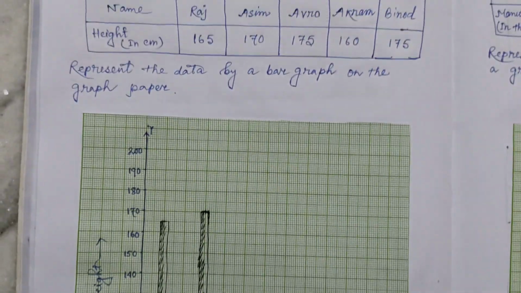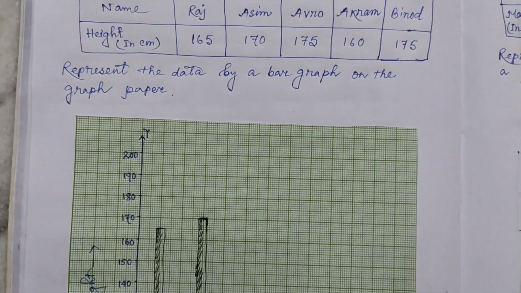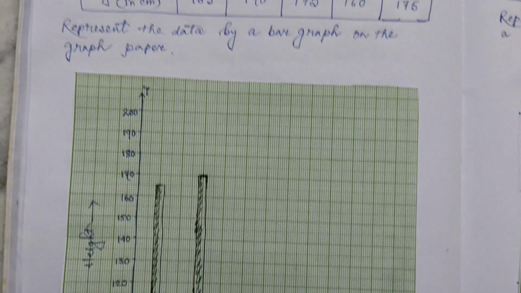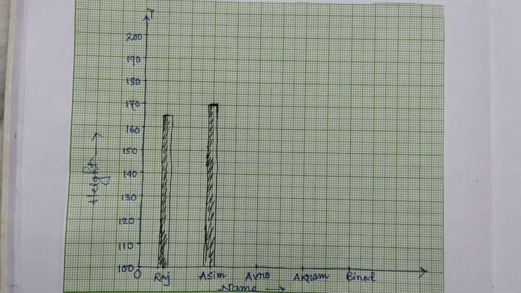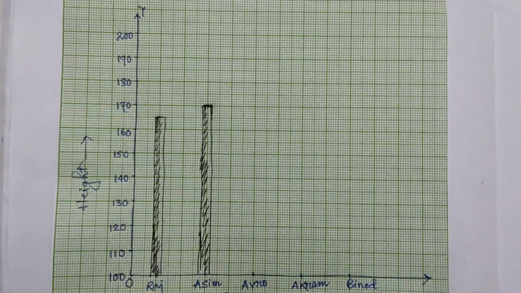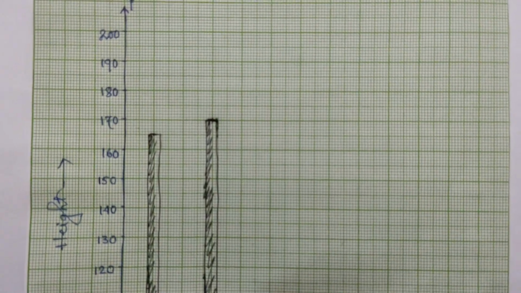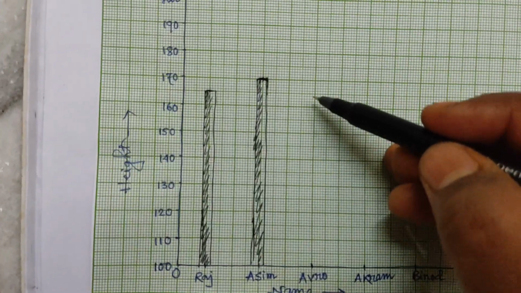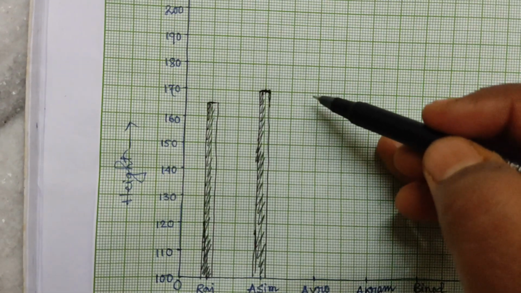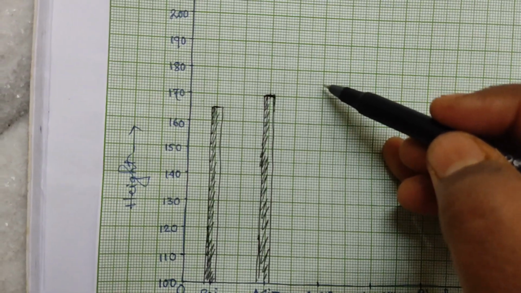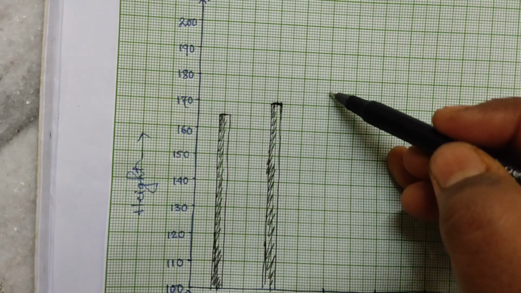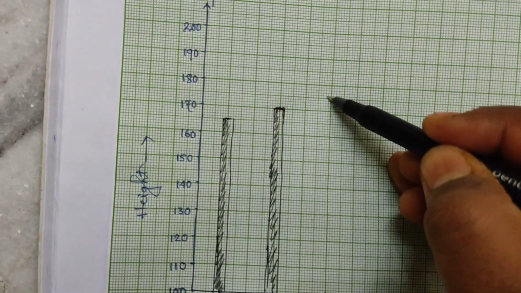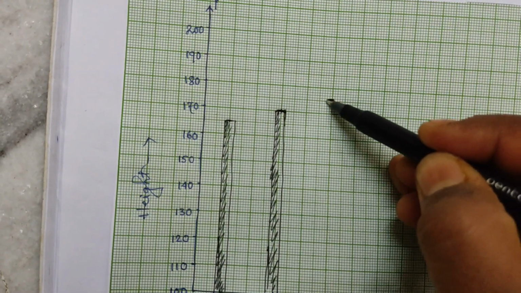Next, Obro 175. So 175 is in between 170 and 180. Now this is Obro, and here you can see it is 175.